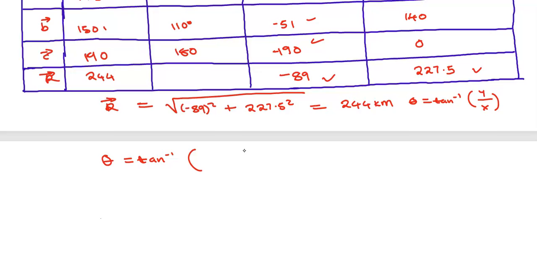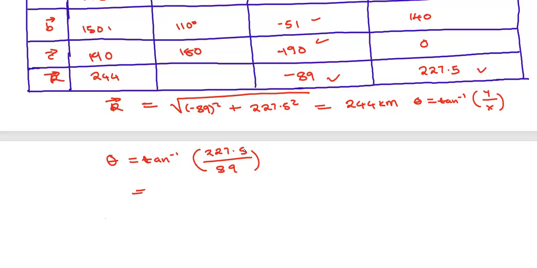The y component is 227.5 and the x component is 89. We ignore the negative here. When we compute this, we are going to have 68.6, so we're going to have 69 once we round it off.